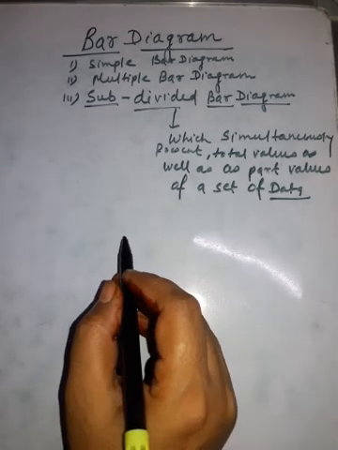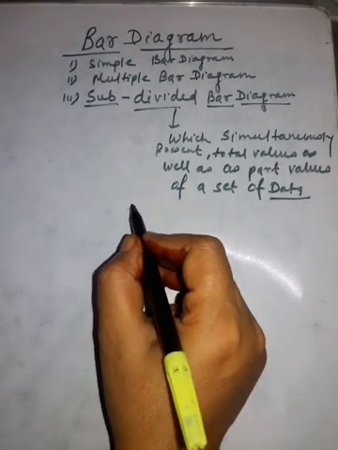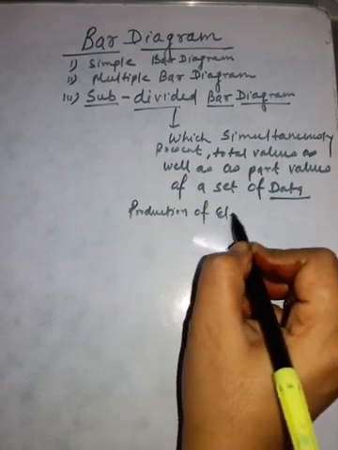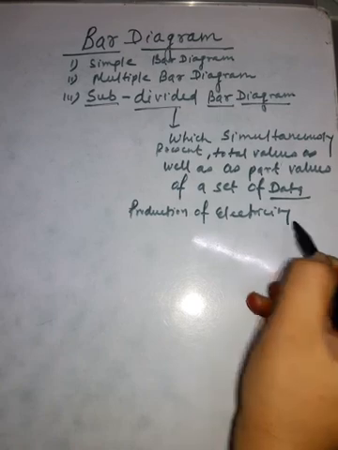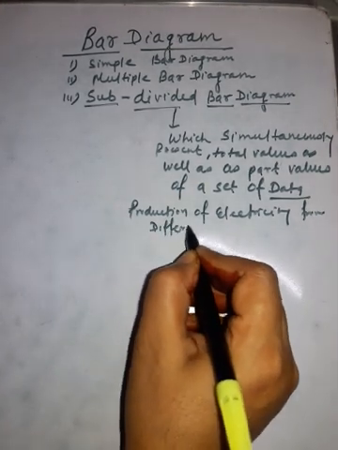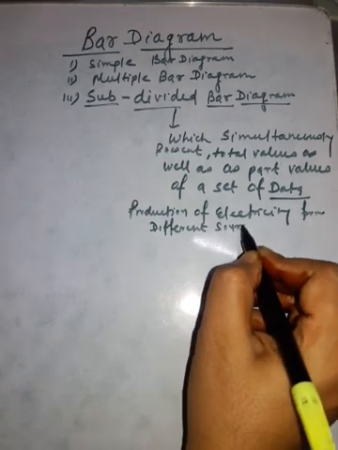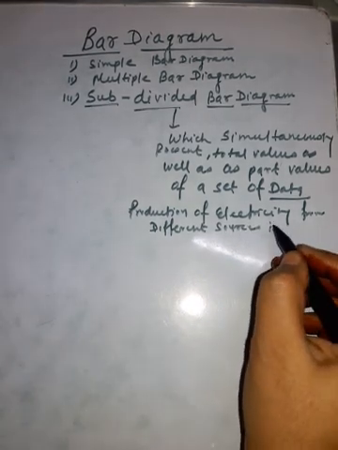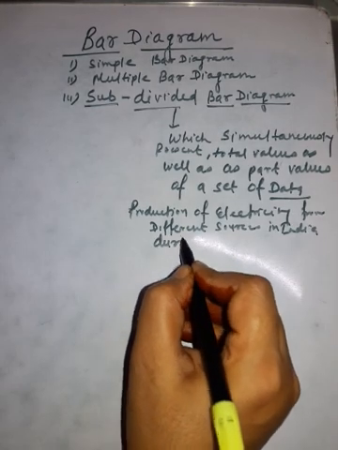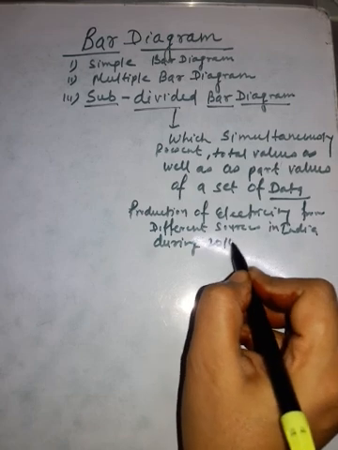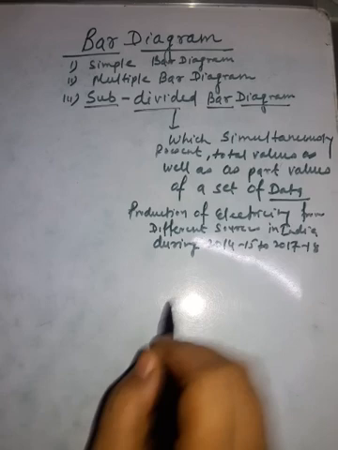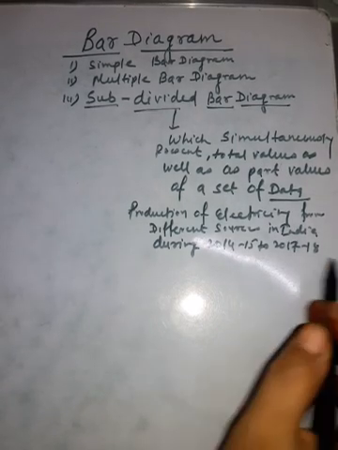Suppose we have data of production of electricity from different sources in India during 2014-15 to 2017-18. That is again hypothetical data.